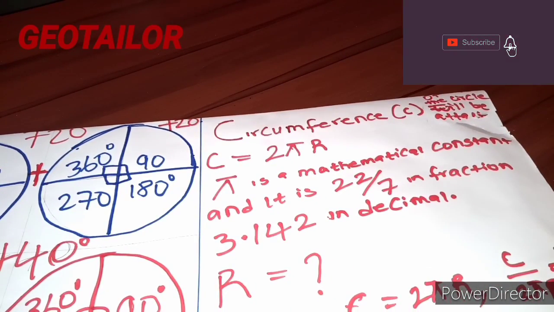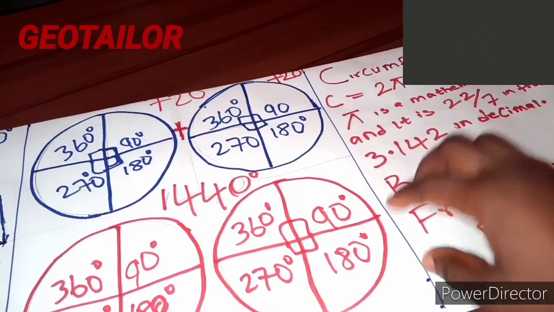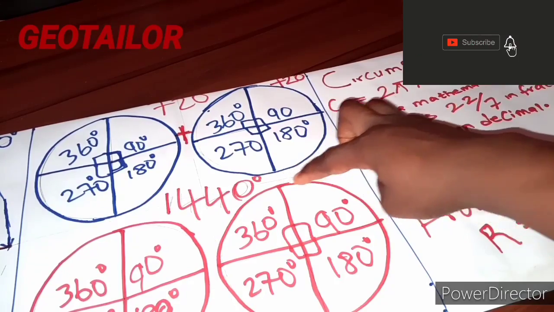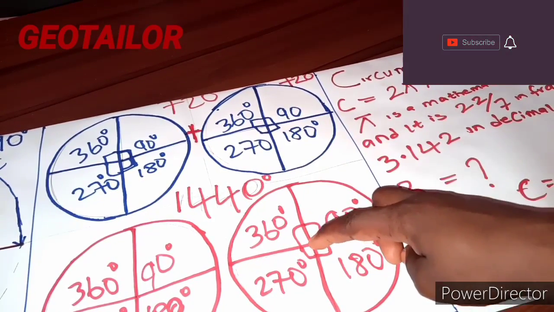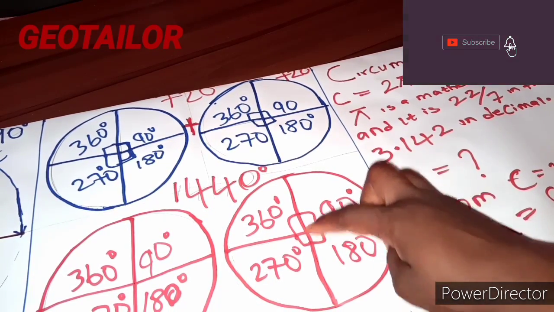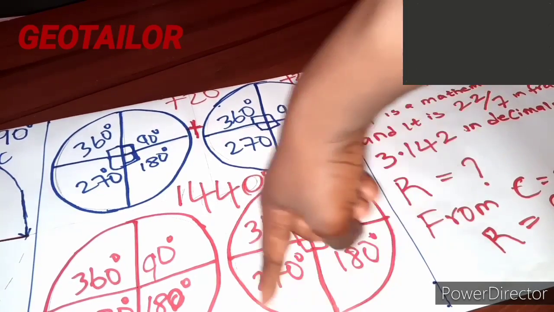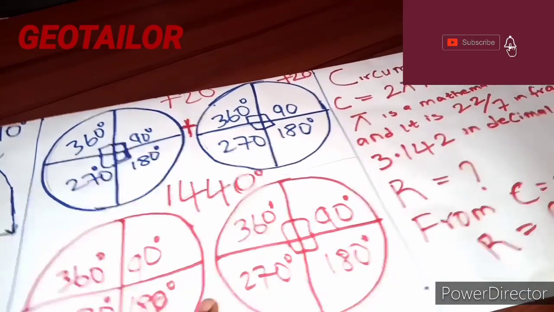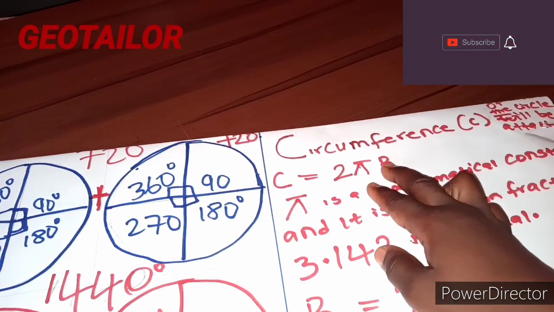There is a mathematical formula to calculate circumference, and our circumference is from here around to this place. Our radius is from the middle of the circle to any point, and to get our circumference, it has a formula which is 2 pi r.